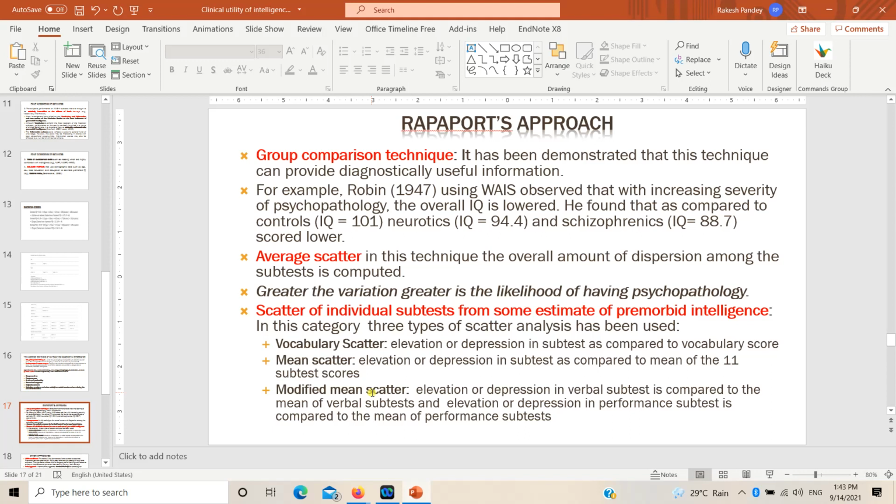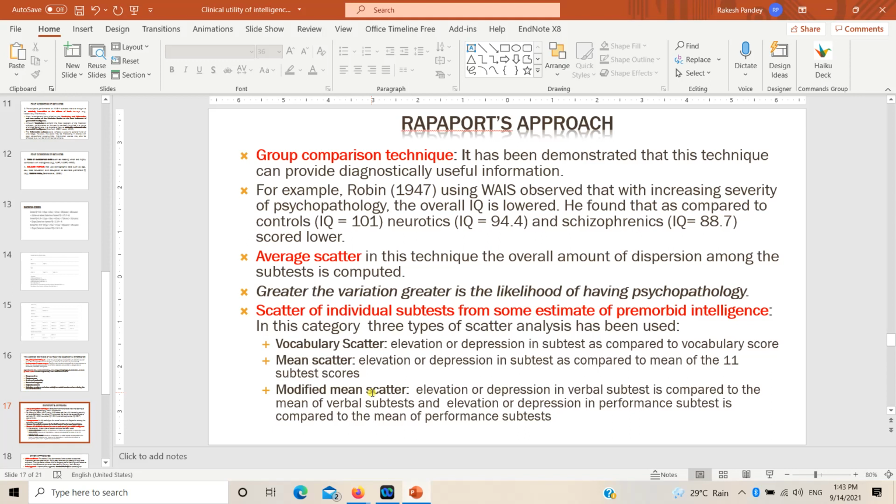Similarly, we do mean scatter. The only difference from vocabulary scatter is that we compare with the mean of all the subtests. So we do not take vocabulary as an estimate of premorbid IQ, neither do we take the highest test score as an indicator of premorbid IQ. What Rapaport suggests is to compare the subtest with the mean of all subtests. That can be a better representative of premorbid IQ. But later on he modified this.